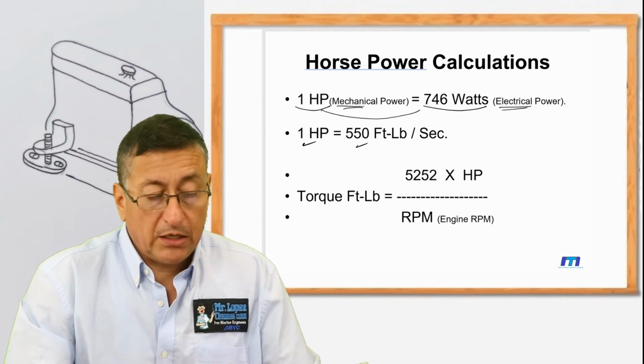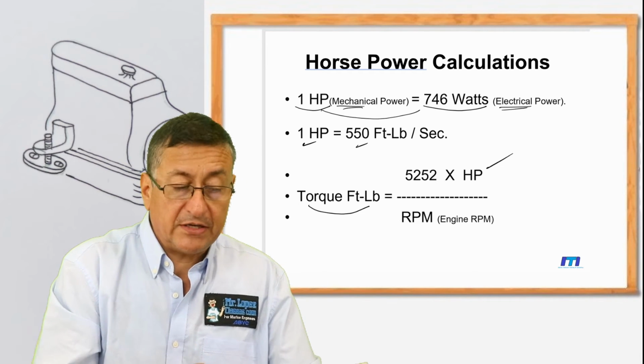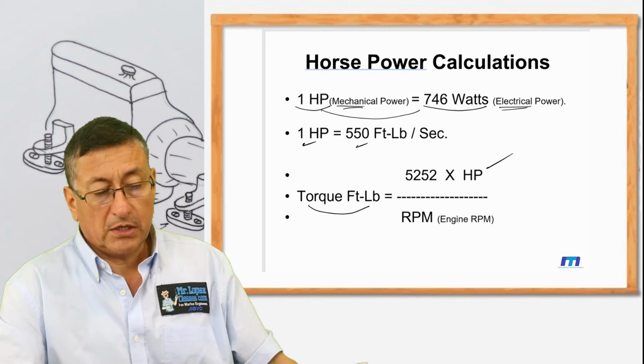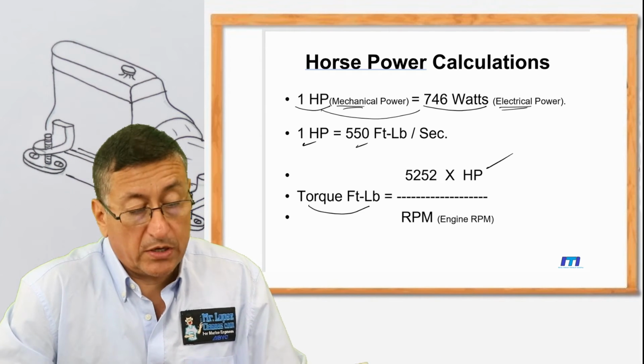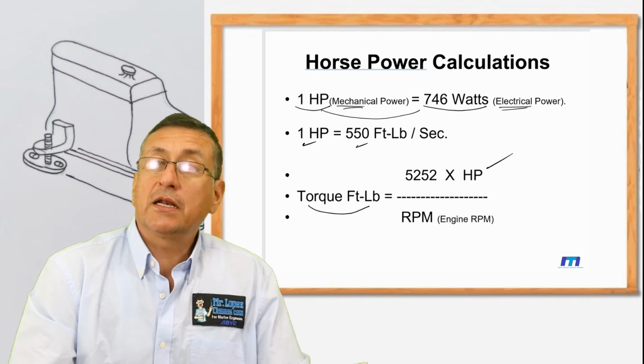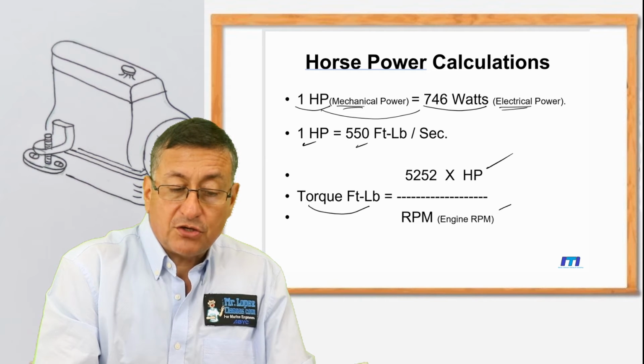And the magic formula to convert torque in foot-pounds into horsepower or vice versa is: torque is equal to 5252 times the engine horsepower divided by the RPMs of the engine. Remember that we are going to calculate the torque at different ranges of RPM.